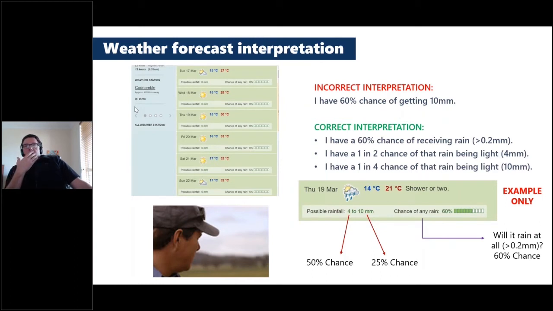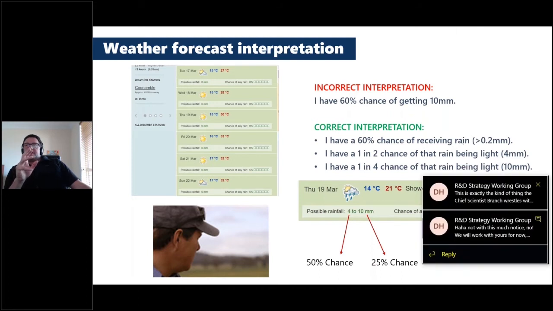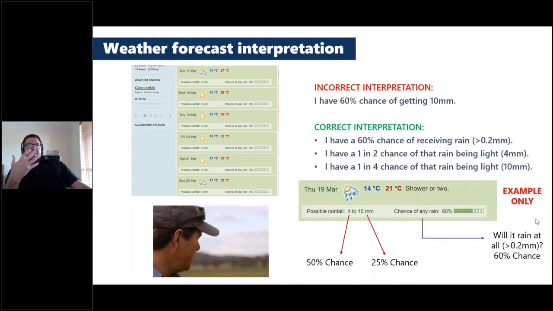What we've been finding working with people over the last few years is when we do have an active rain forecast, there's been a little bit of misinterpretation going on, and it's largely about the way this information's packaged on websites and communicated.